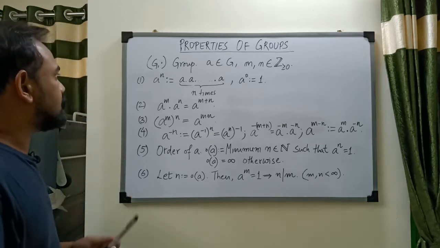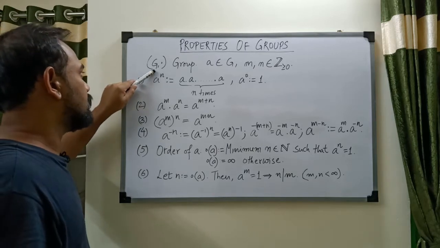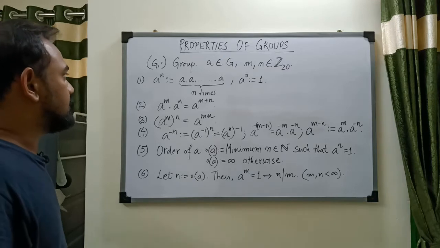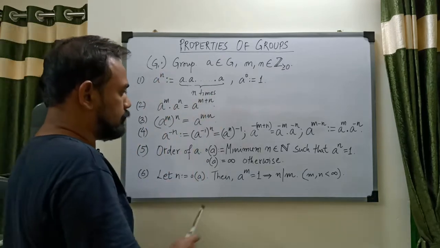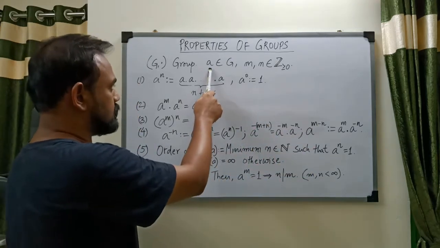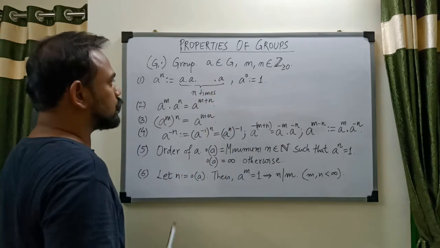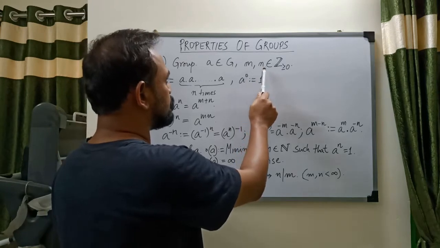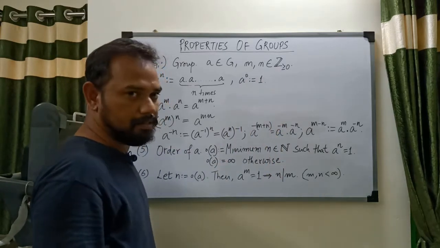Okay, so when I say group, as I can remind you that a group would mean a set along with the binary operation. Okay, it's a two-tuple or a pair, and to demonstrate the properties of an element, we want to fix an element here. Let a be an element of the set G, which is a group, and for now we want to pick some numbers which are non-negative numbers.